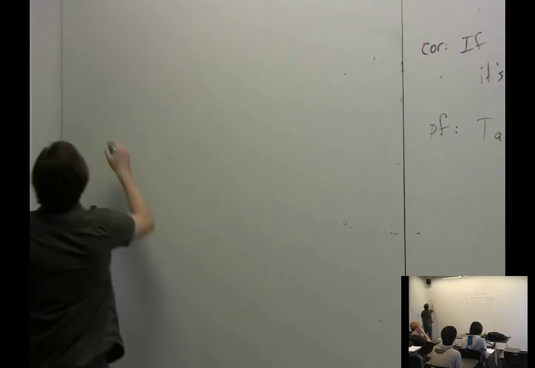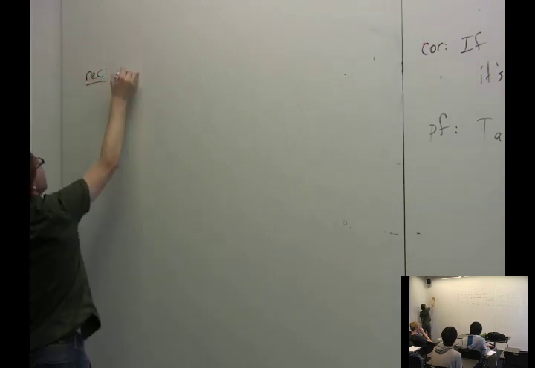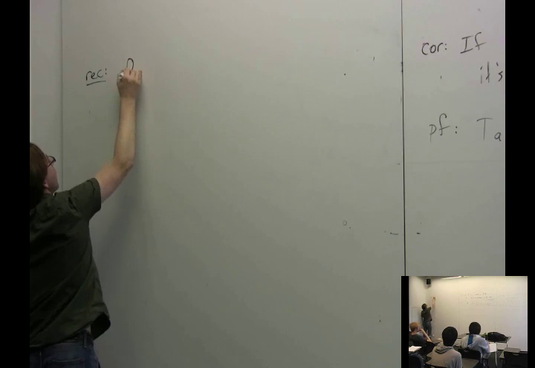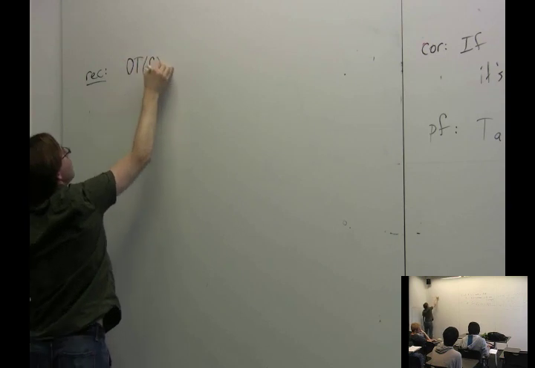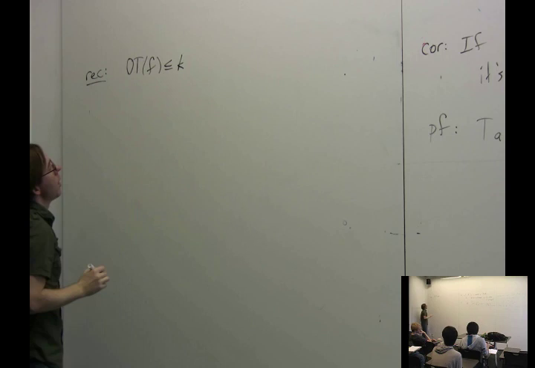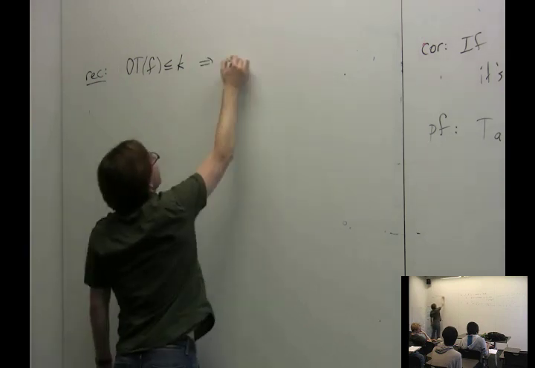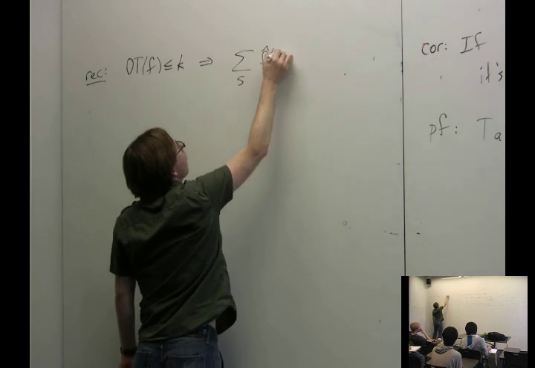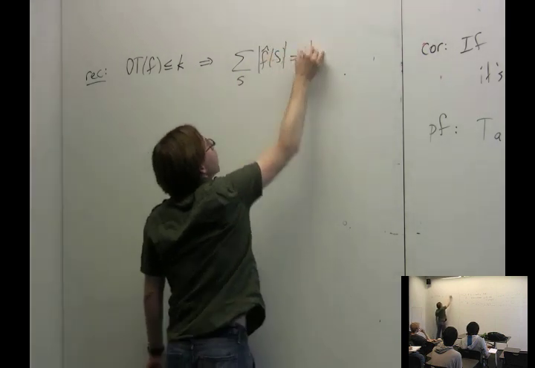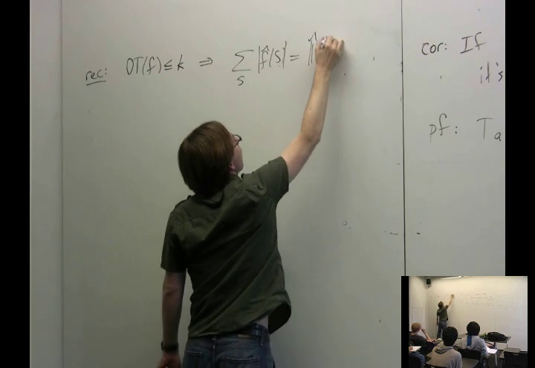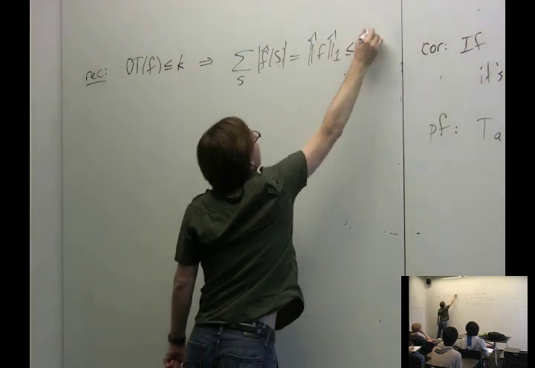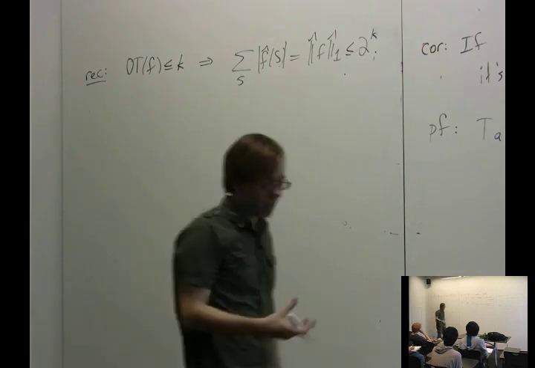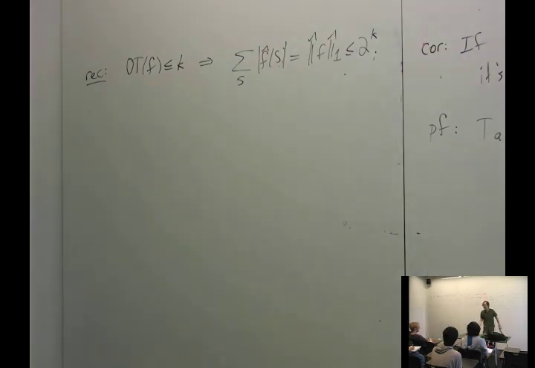Another thing that we proved a little while ago, which is also simple, is that if f is a function computable by a decision tree of depth at most k, then its Fourier L1 norm, which you remember from the homework we wrote like this, is at most 2 to the k. So this is some kind of measure of the sparsity of its Fourier transform. If you add up all the Fourier coefficients, it's not that big.